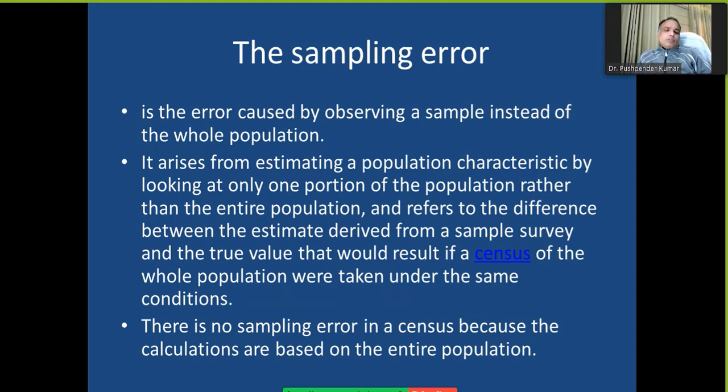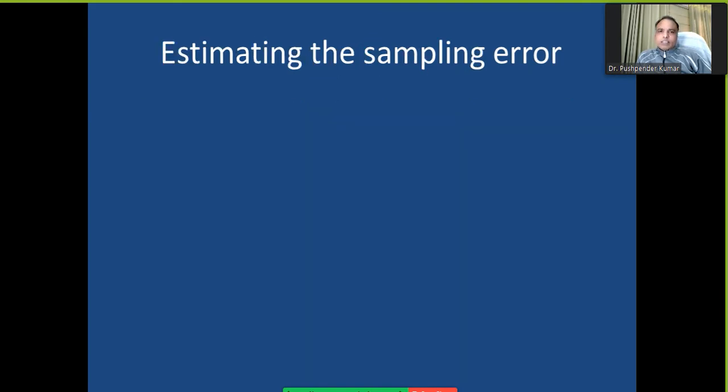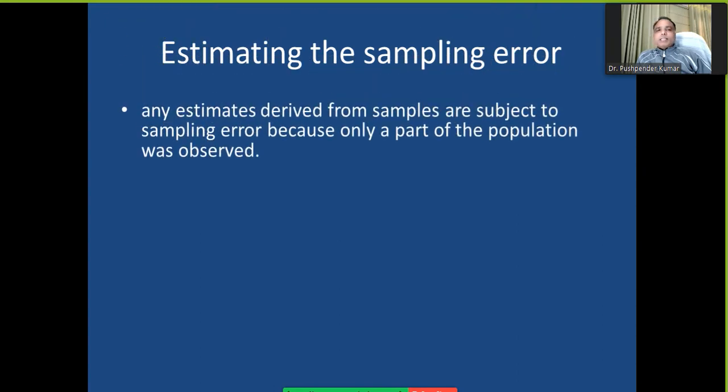So you have to justify that whatever the sample says, the same thing would occur in the population also. But this is not so, and you will always see this sampling error.